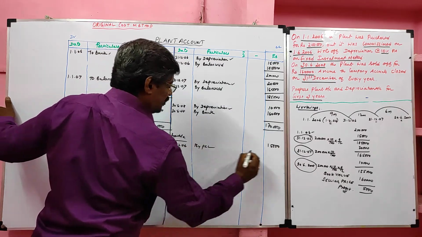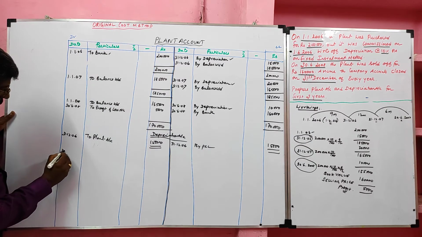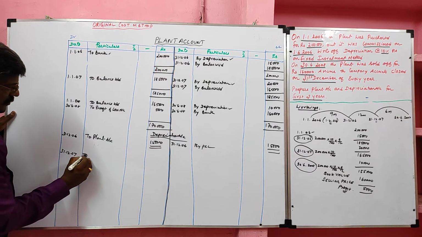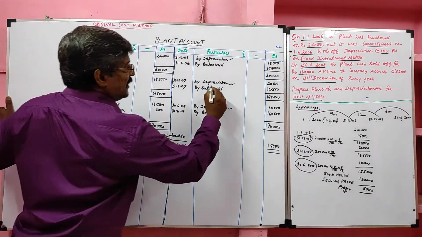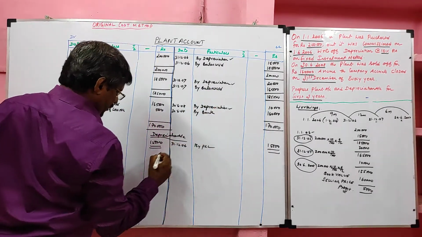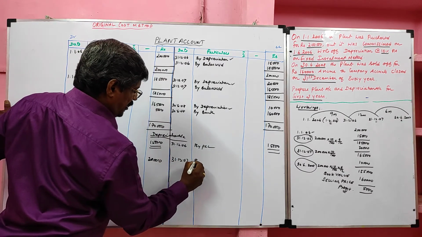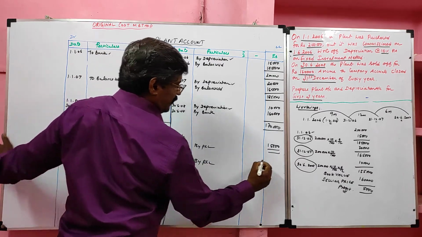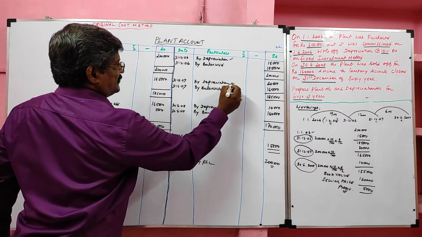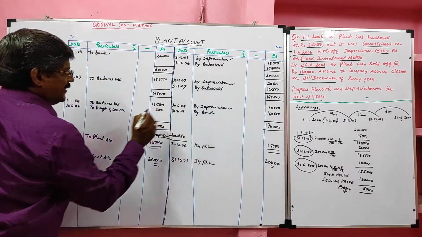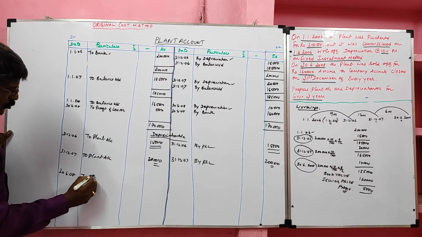So first year depreciation account is over. Then second year depreciation account, date 31st December 2007, to plant account. Second year depreciation how much? 20,000. On the same date it should be credited to the profit and loss account. Third year, the date is 30th June 2008, to plant account.